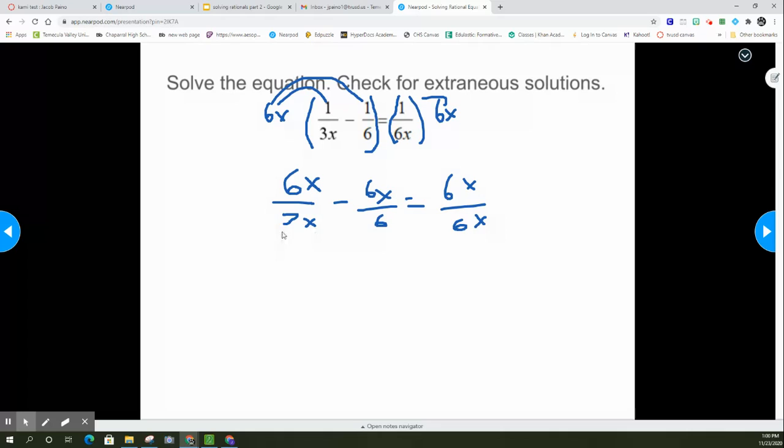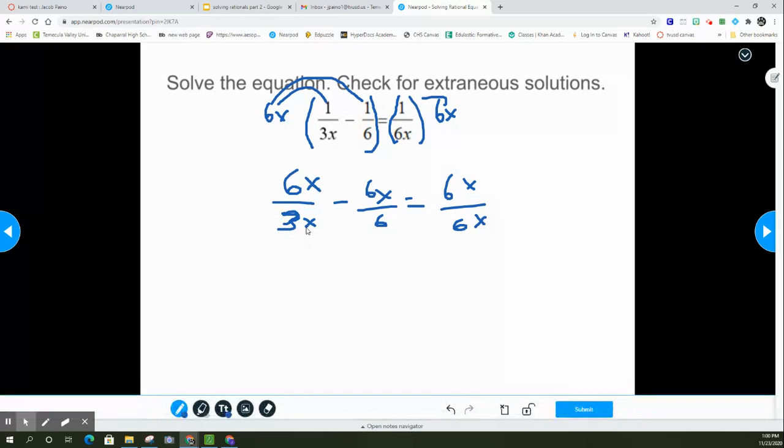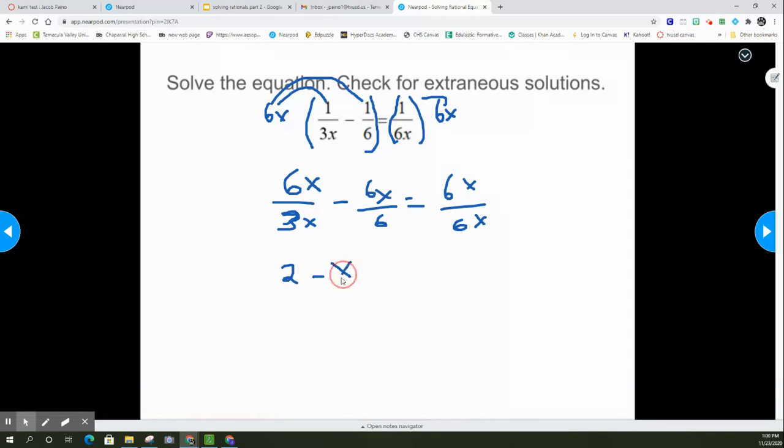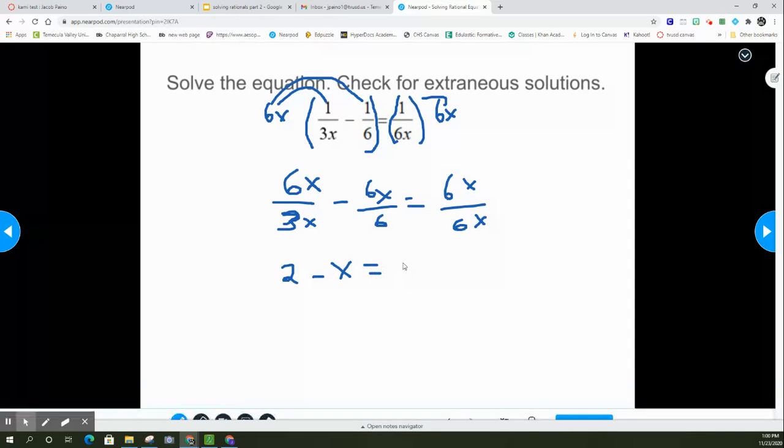And then we can simplify each of these fractions and the denominators will go away. So 6x over 3x is 2. 6x divided by 6 is just x. And then this is just 1.